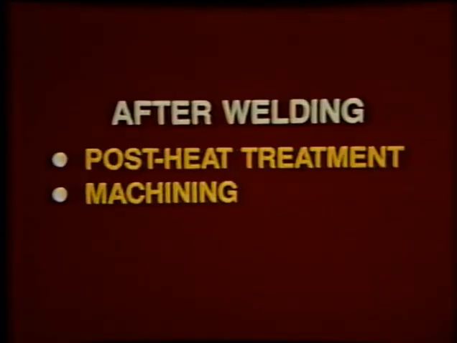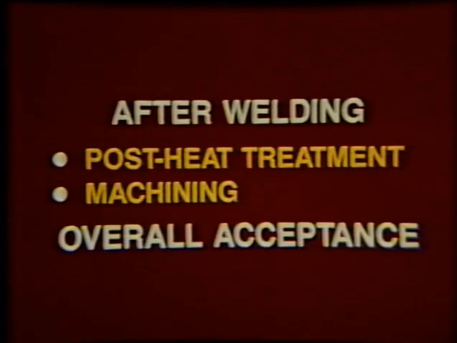Conditions during welding should also be monitored to reduce the chances of discontinuities forming during fabrication of the weldment. Finally, post-welding conditions must be understood and followed to ensure the overall acceptance of the weldment. Many weld or weldment failures can be eliminated if conditions are carefully controlled during all phases of fabrication.